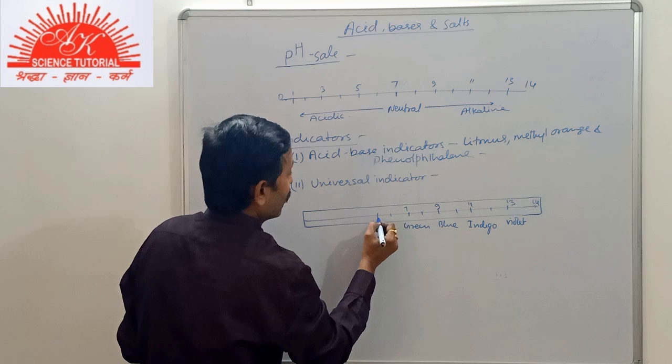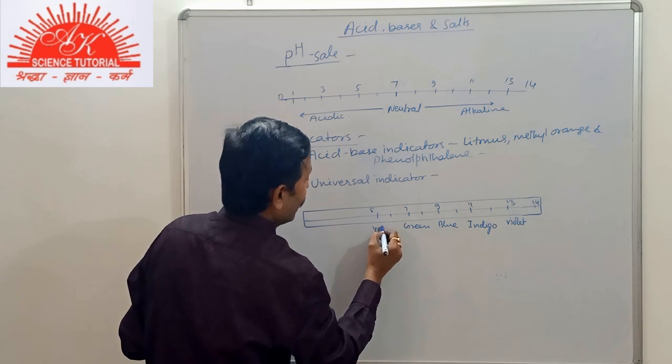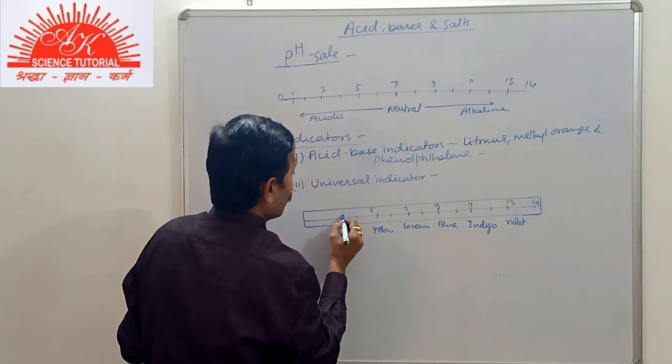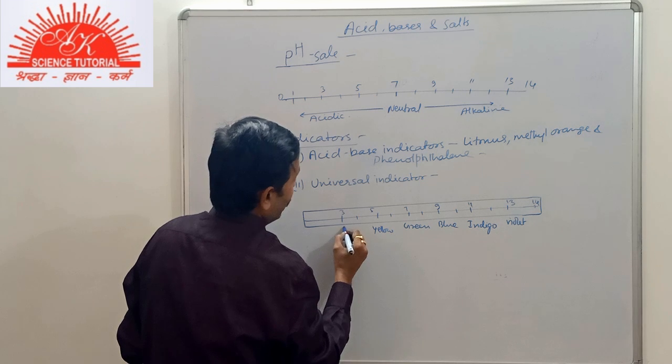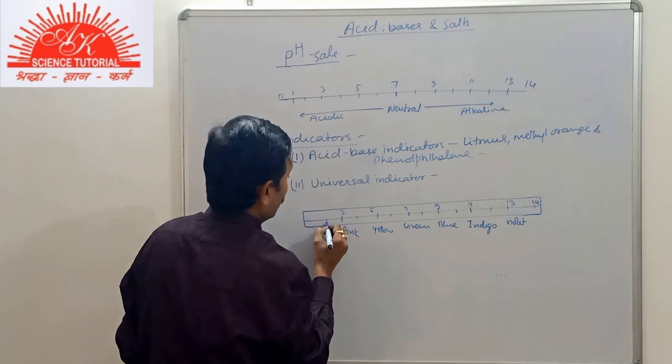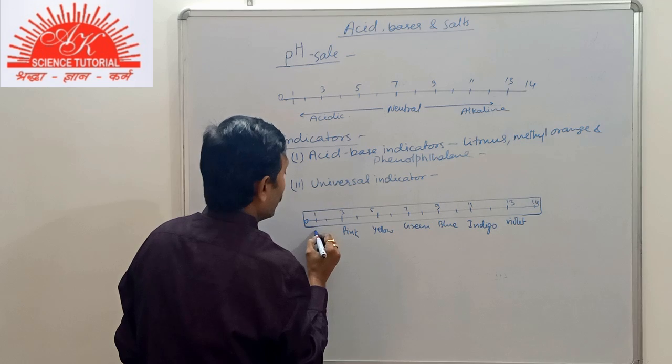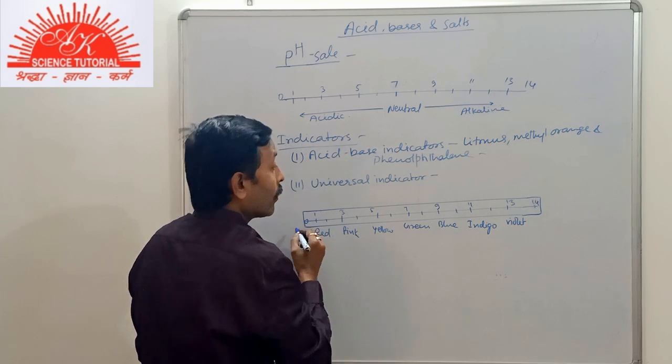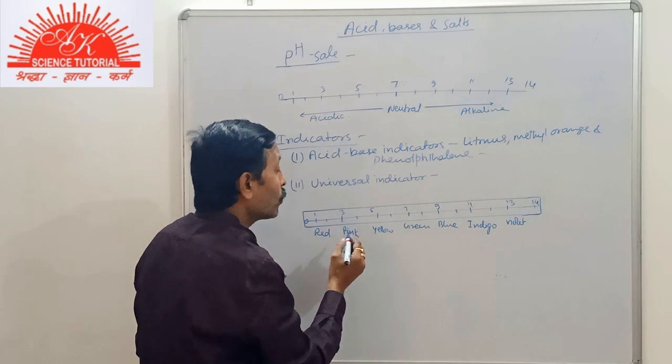Similarly, on this side, pH 5, yellow. pH 3, pink. pH 1, it will be red. So, in this way, you will be able to compare.